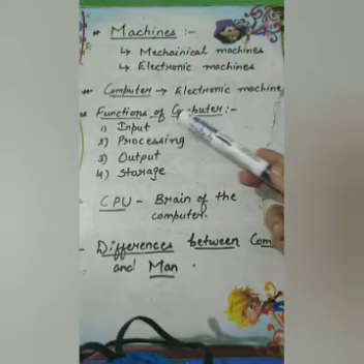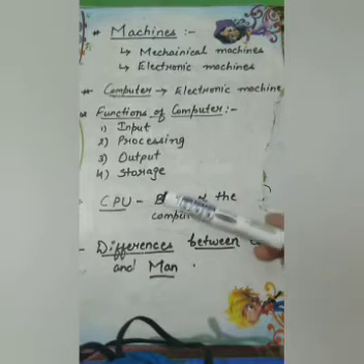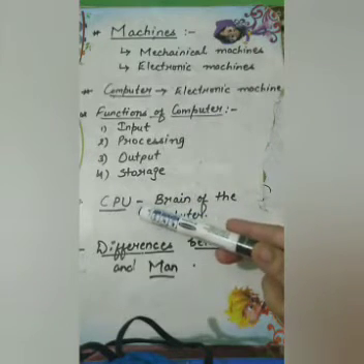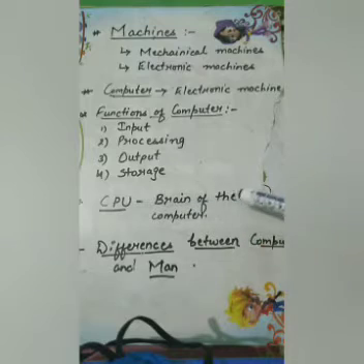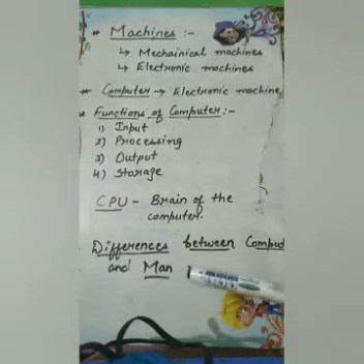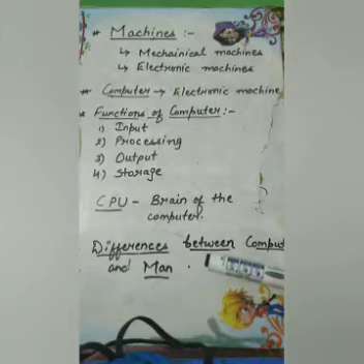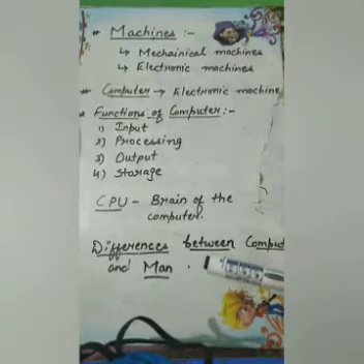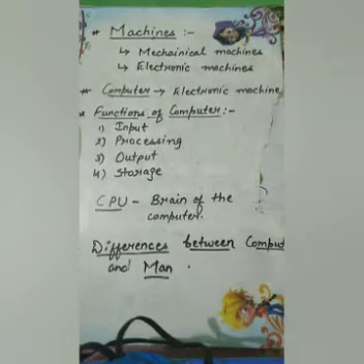Next, we have studied about CPU, that CPU is the brain of the computer. The next topic we have discussed is differences between computer and man. Hope that you all have understood all these topics very well and have paid attention while watching the video.